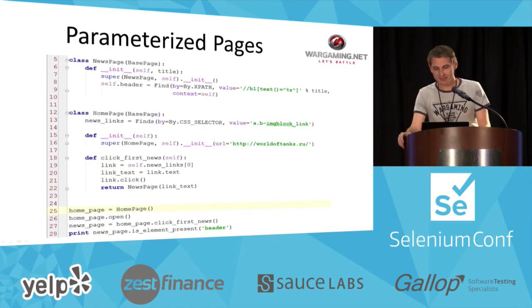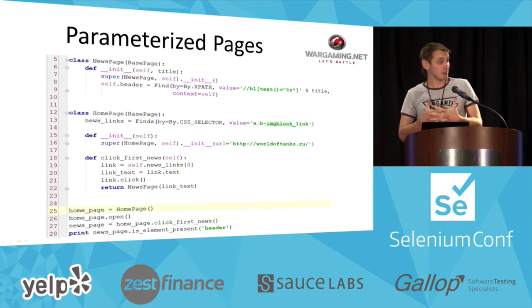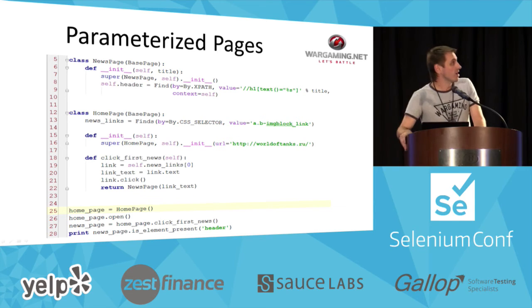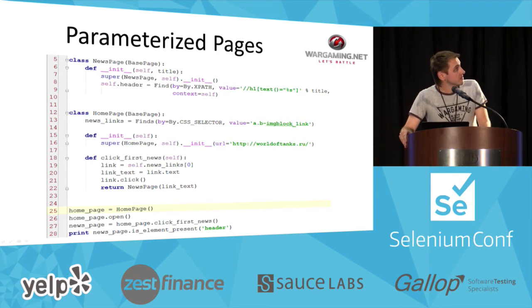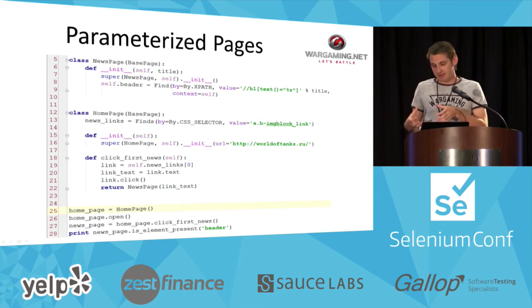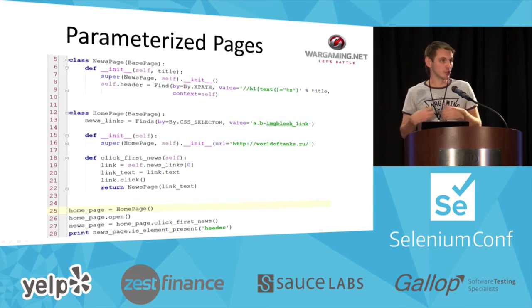In order to handle this case, dynamic pages or parameterized pages are used. These are usual pages, but the way you define elements is a bit different. The fields are defined in the page constructor. All variable parts are passed into the init method. And since the scope of fields changes from class to instance, you have to specify the search context explicitly.